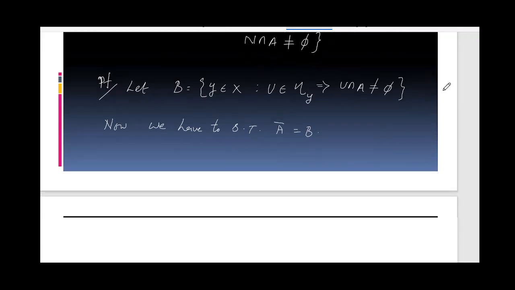That is, we want to show that B equals A union A dash.